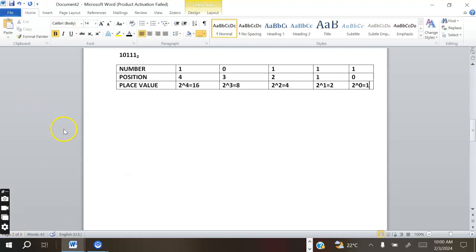Okay, having done that, we move to the next point where we multiply the place value with the number.